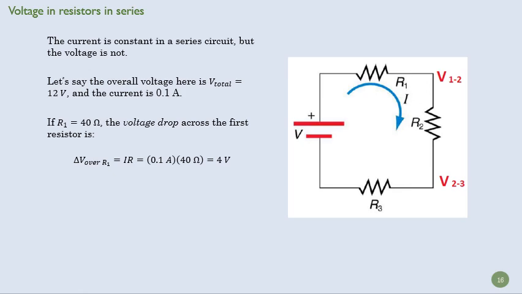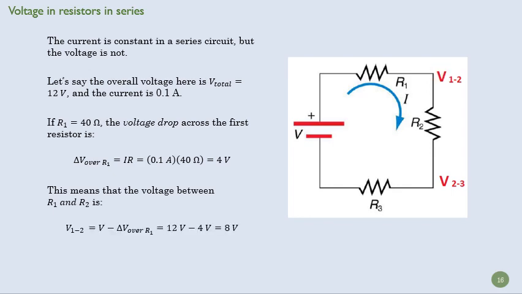Well, it means that the difference between the voltage here and the voltage here is going to be 4 volts. So what's our voltage here? Well, it's 12 volts, which is our voltage here. And in a wire, again, we're assuming essentially no resistance. So the voltage here is going to be the same all along in here. It's going to drop by 4 volts. And so the voltage here in this section of the wire is going to be 8 volts, just 12 minus 4.